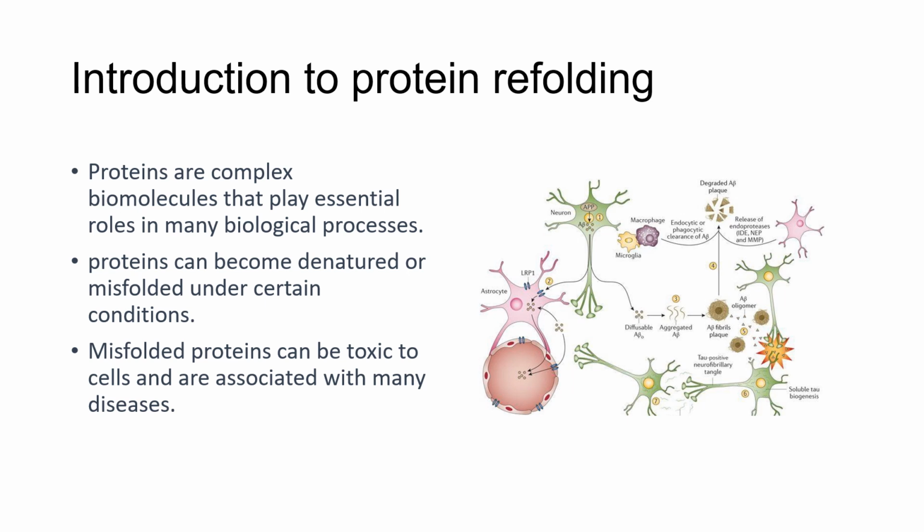However, proteins can become denatured or misfolded under certain conditions, such as exposure to high temperatures, pH extremes, or chemicals. Misfolded proteins can be toxic to cells and are also associated with many diseases, such as Alzheimer's, Parkinson's, and cystic fibrosis.